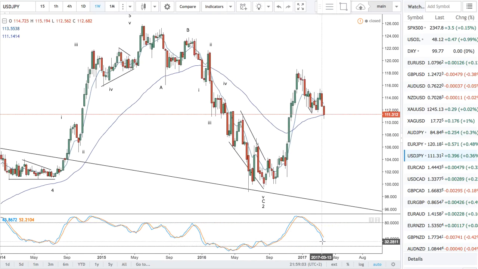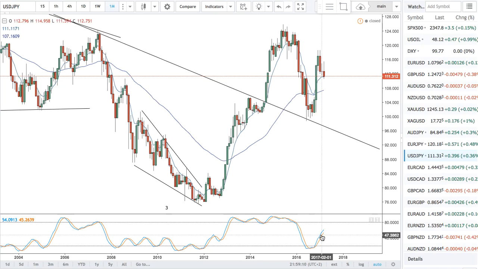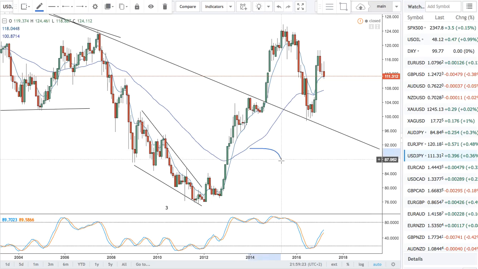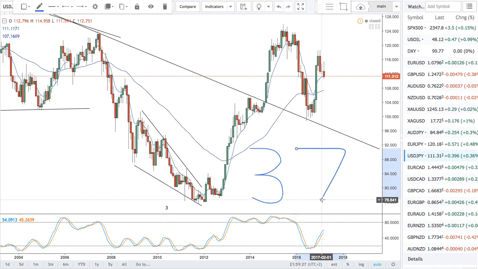Another point is that the weekly stochastics are nearing a low here. Another point is that the monthly stochastics are trending up above 50. Another point is that right now, as I mentioned in the other video, sentiment amongst dollar bulls is only 37%, so there's a lot of strength to come.